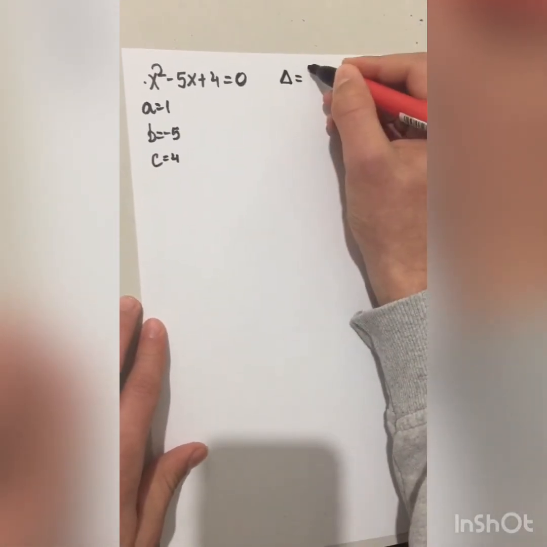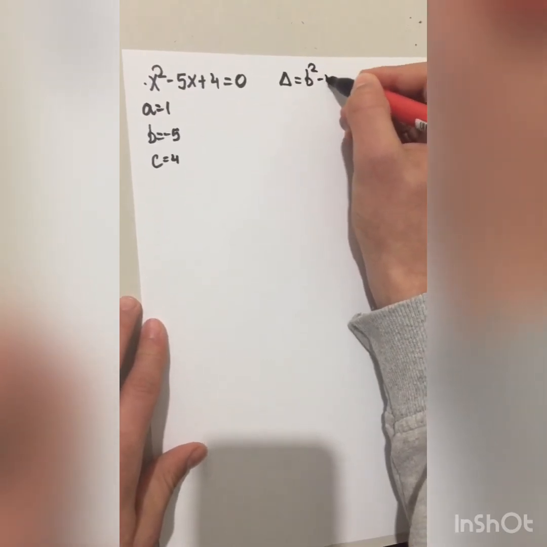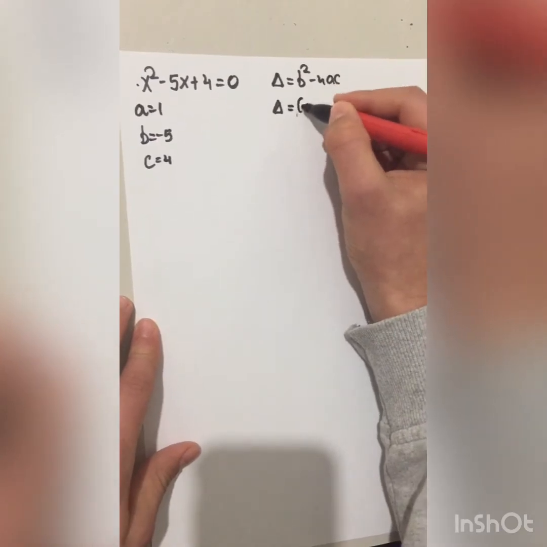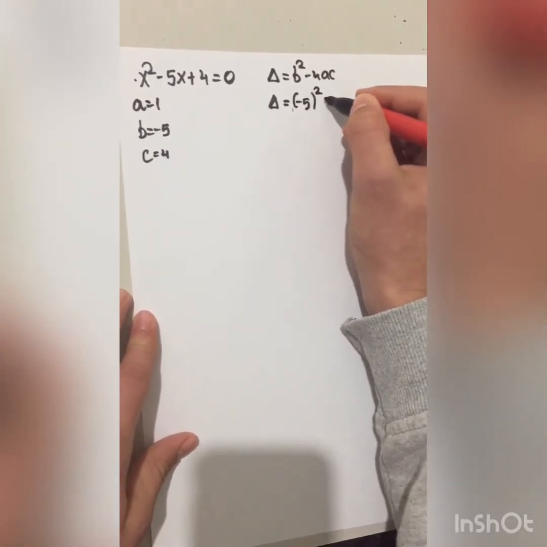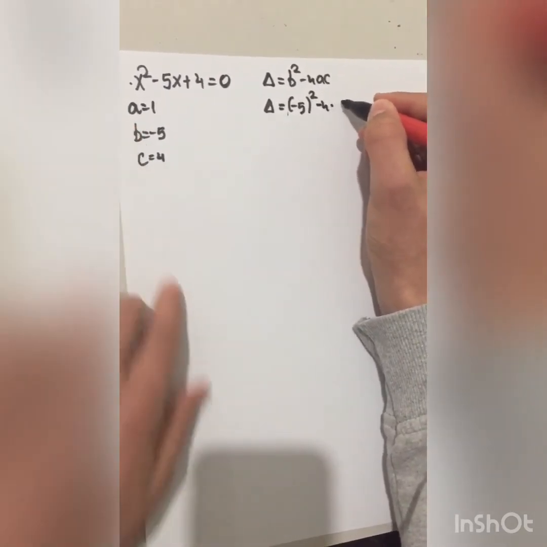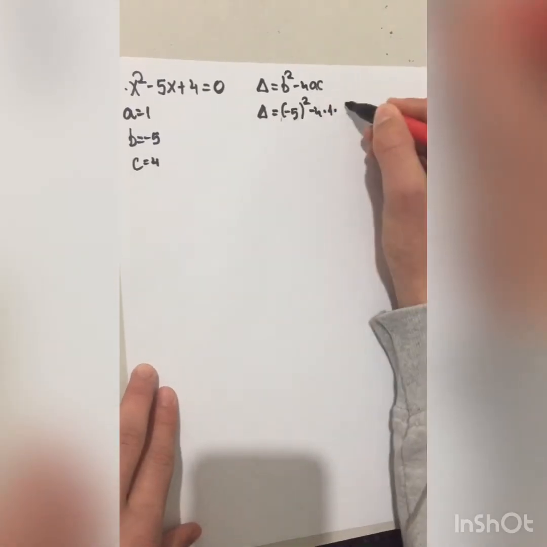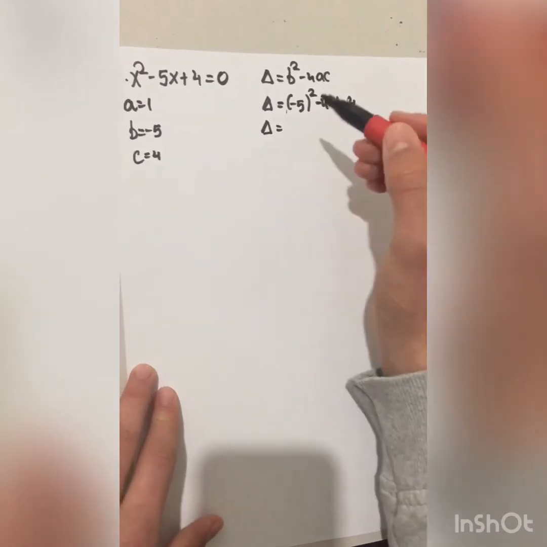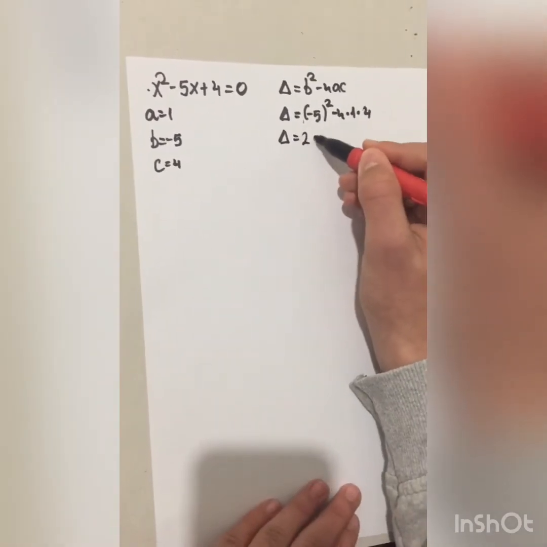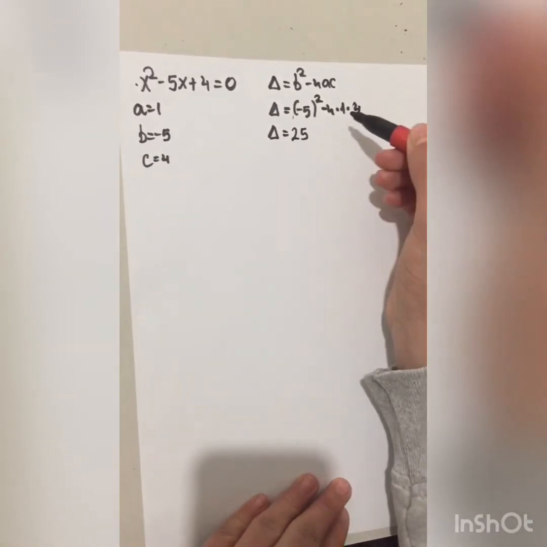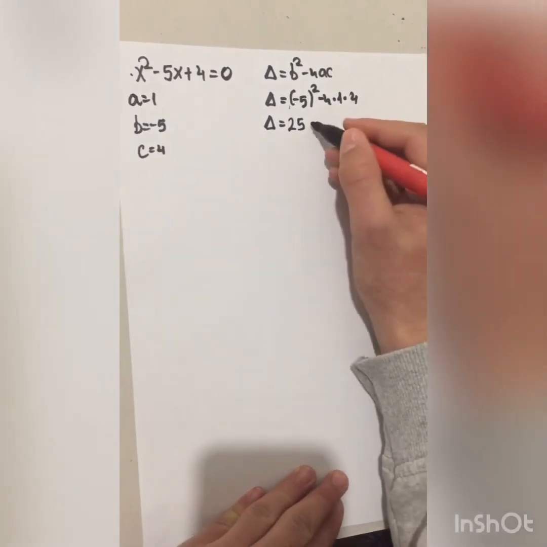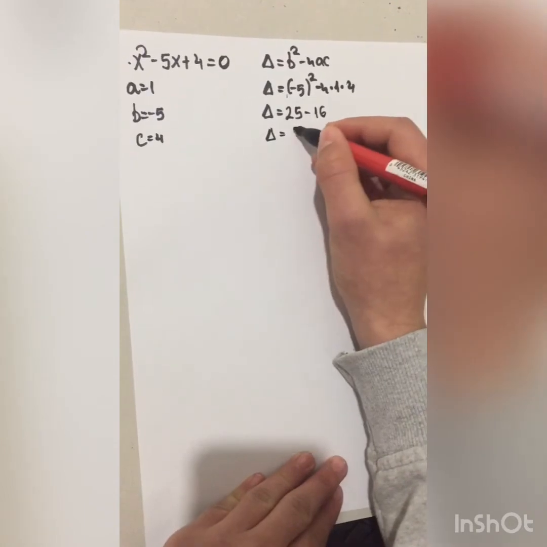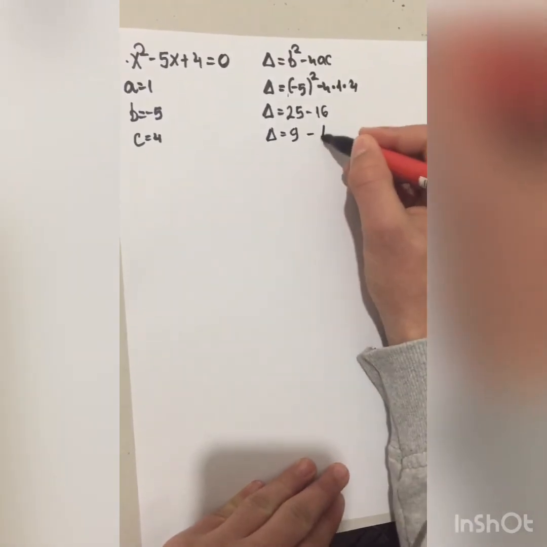Delta equals b squared minus 4ac. Delta is equal to minus 5 squared minus 4 times 1 times 4. Minus 5 squared is 25 and minus 4 times 1 times 4 is minus 16. Delta is equal to 9. This has two solutions.